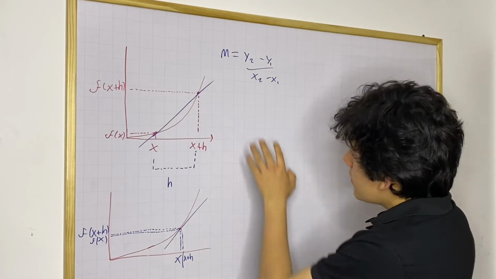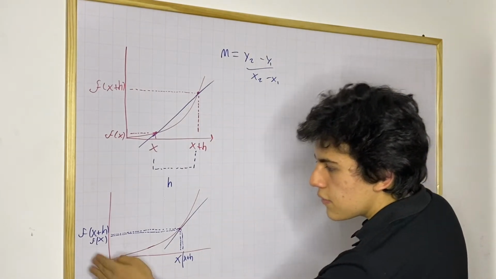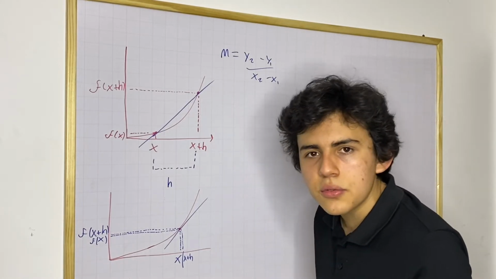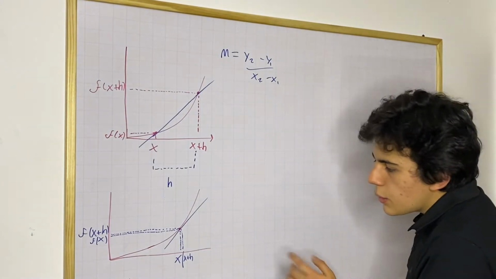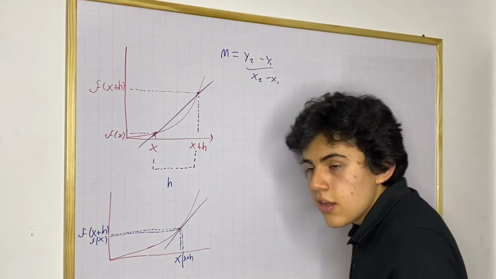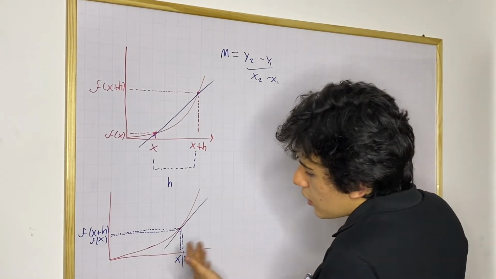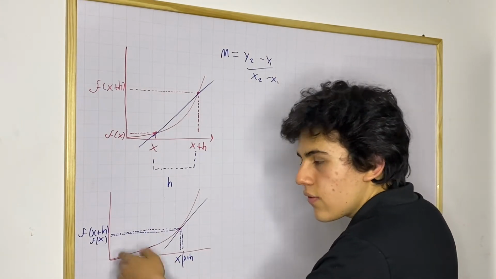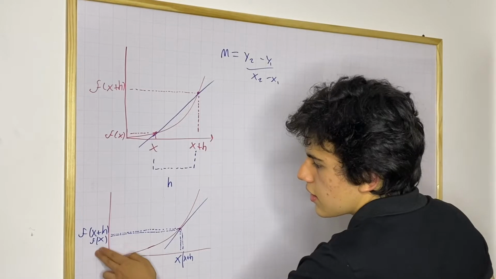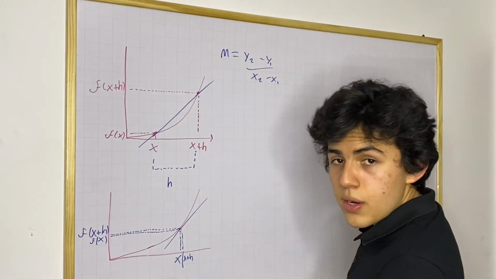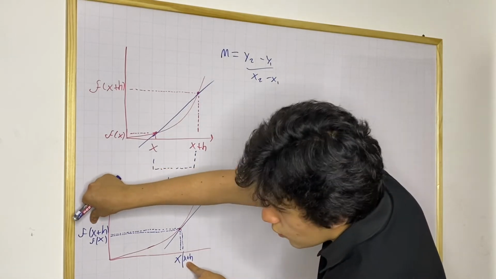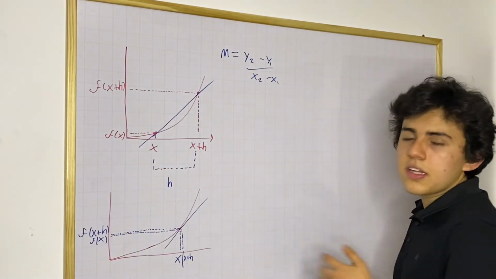Now, how do you do this in terms of the function? With these values, f of x and that notation, how do we do it? Well, we have an x value that is smaller, and a y value that is smaller than another y value, which in this case would be f of x. And we also have a greater x value with its corresponding greater y value, x plus h.